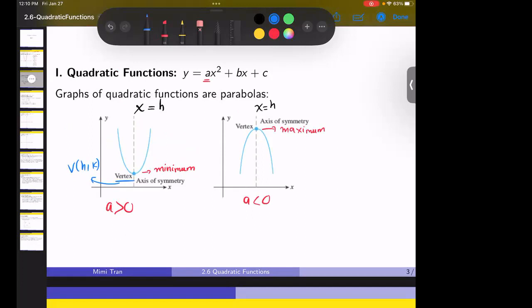Right? The vertex is h comma k, or you call it x y. And the range for the second graph will be from negative infinity up to the maximum point, right?